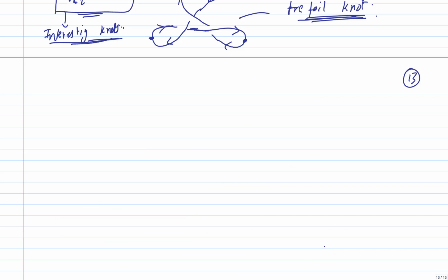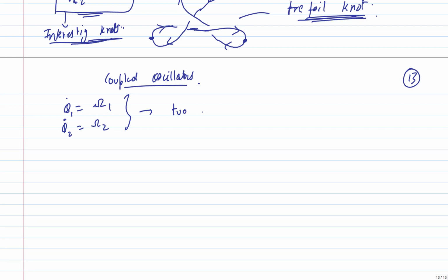With this, we come to the next topic, which is coupled oscillators. Now, we've already in some sense seen what happens to individual oscillators. Let's say I have theta 1 dot equals omega 1 and theta 2 dot equals omega 2. So this basically represents two oscillators.